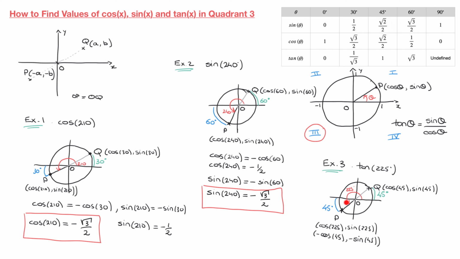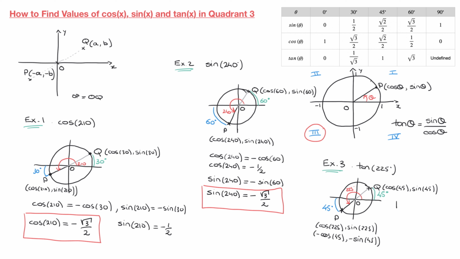The value of tan of 225 will be equal to the gradient of the radius OP. But since the radius OP has the same gradient as the radius OQ, indeed, the points P, O, and Q all lie on the same line, we can conclude that tan of 225 is equal to tan of 45.